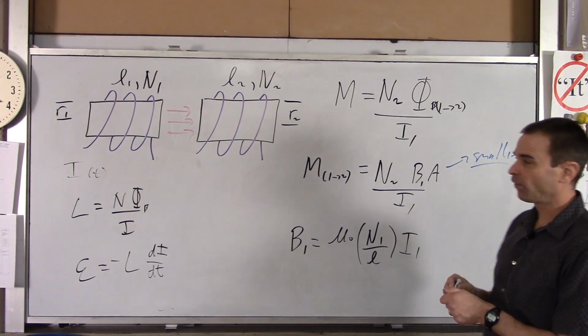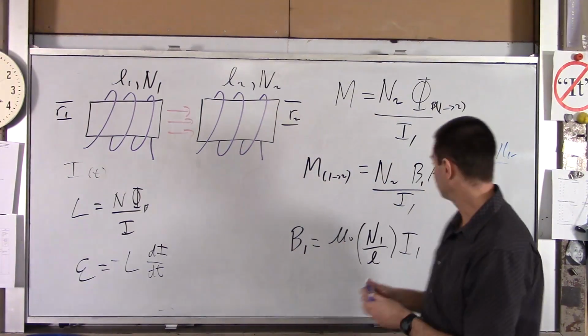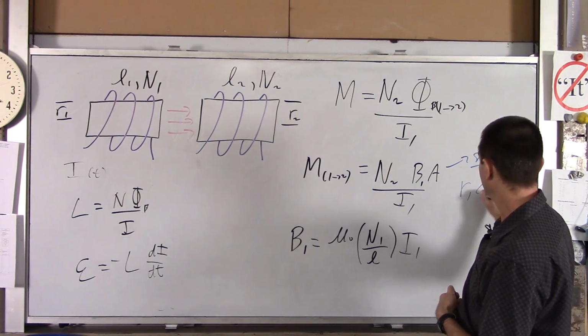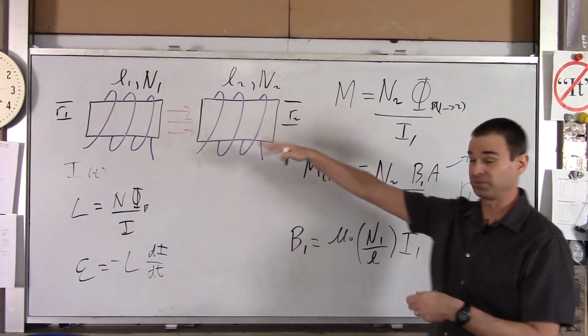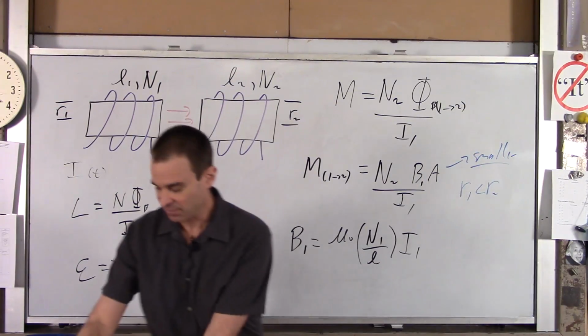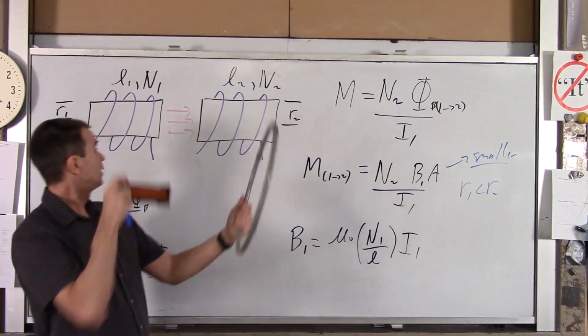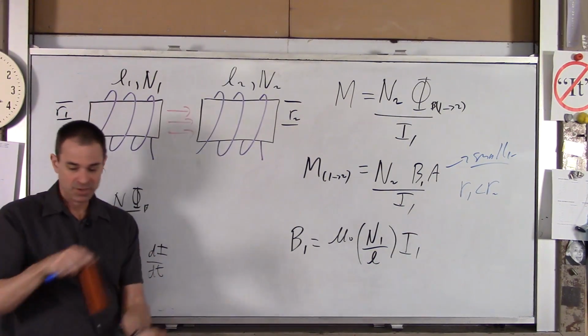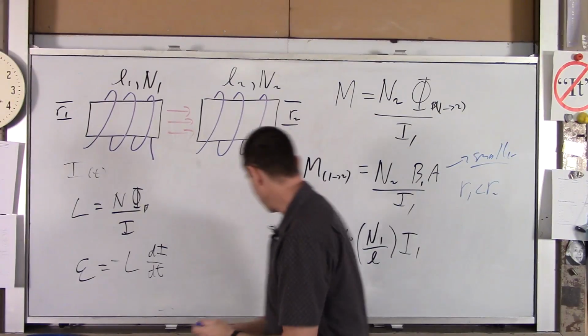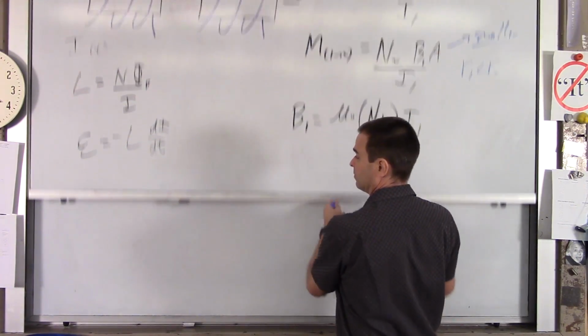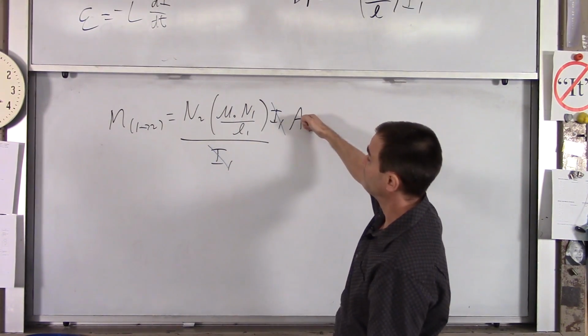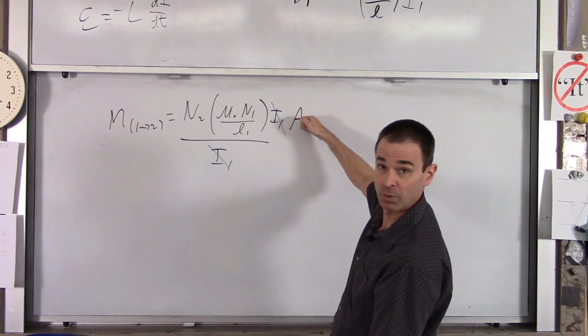For our example, let's just say that R1 is less than R2. So here's our input and there's our output. Using that, the area in this case is going to be pi R1 squared.